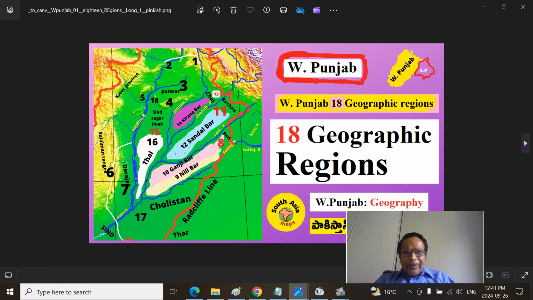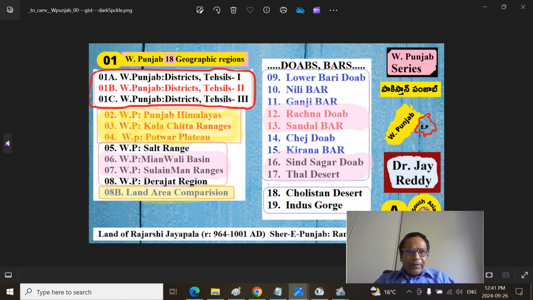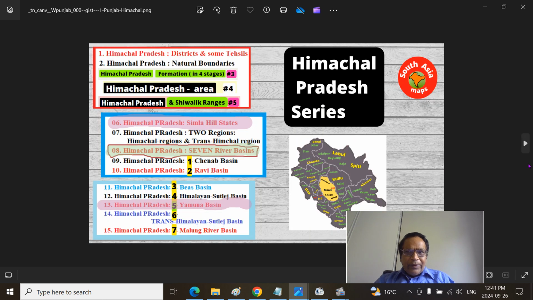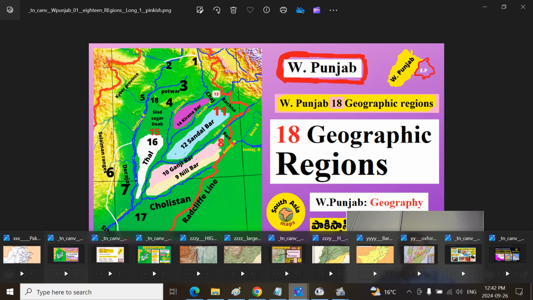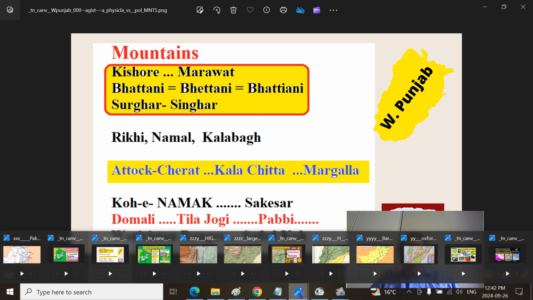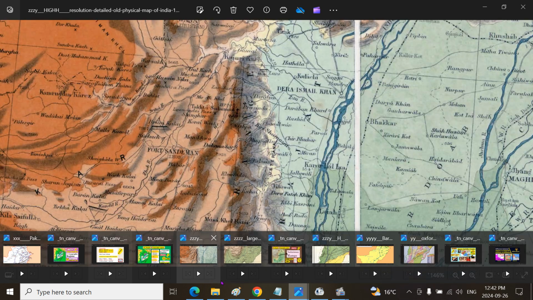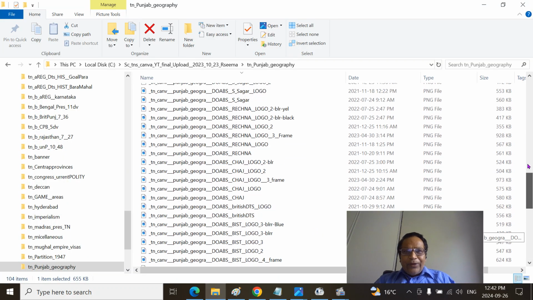Mitranam, sorry. I think I didn't get it. We should be looking at the geographical physiographic regions, because a physiographic region will give you a better understanding when compared to the geographic region.